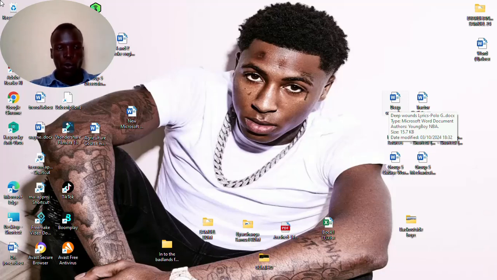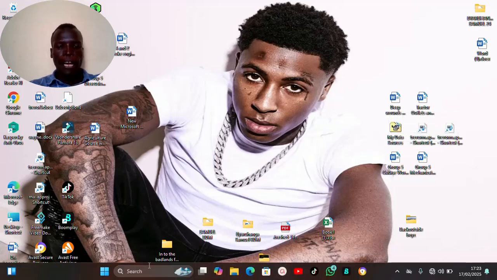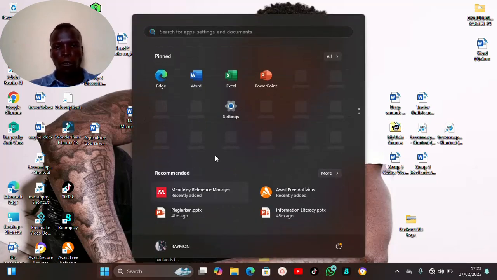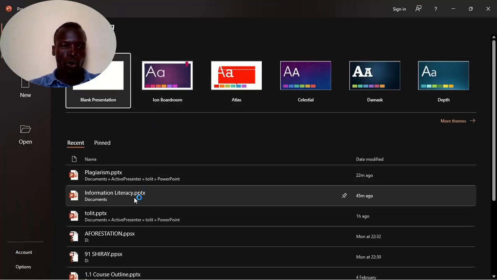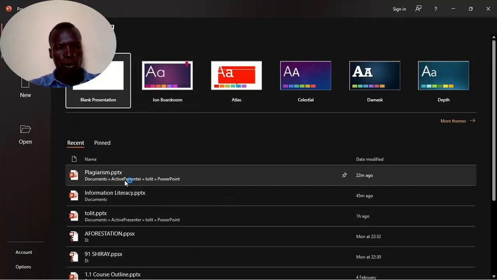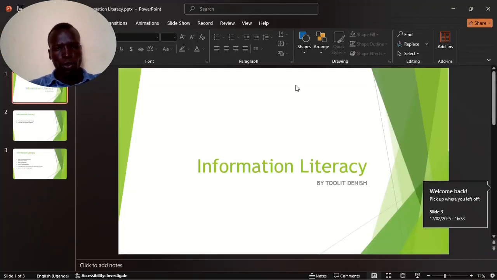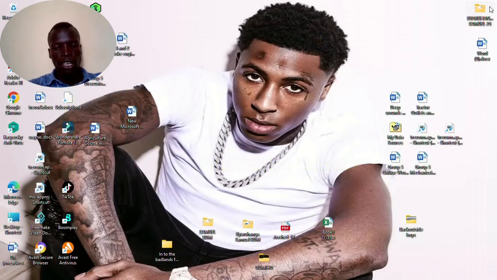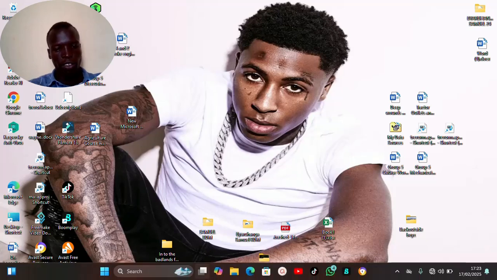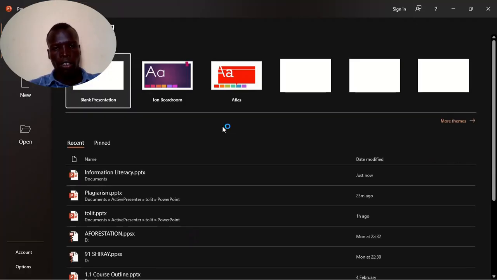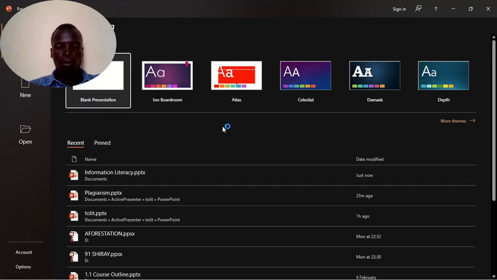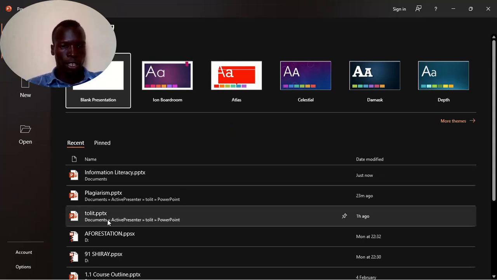Today we are going to continue with the other part about the information sources, and we are going to look at what we call the advantages and disadvantages of the sources of information, so that we shall be knowing the good and the bad part of it.